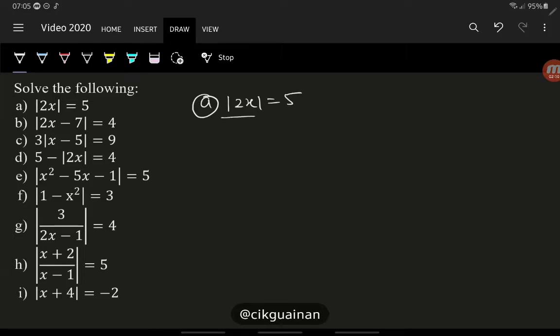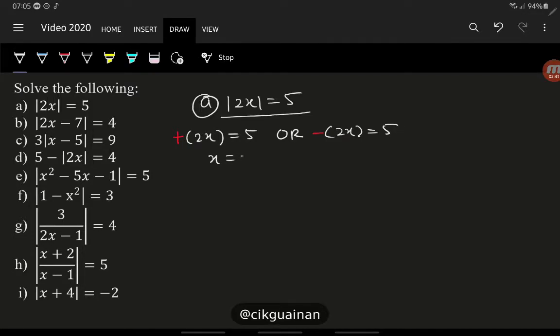So over here it's 2x equals 5, right? Since 2x is the modulus one, we change it into brackets. So bracket 2x equals 5, or just the same thing, bracket 2x equals 5, but since modulus is either positive or negative, we do it like that. Now we can solve it further.